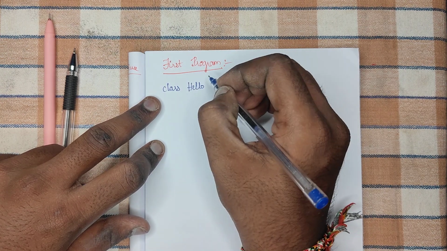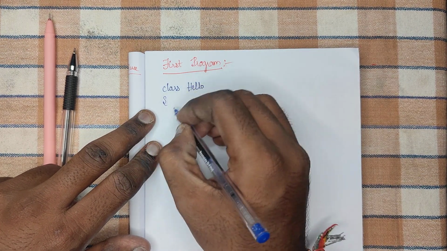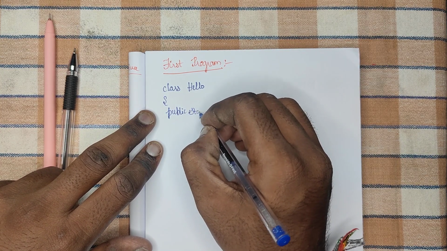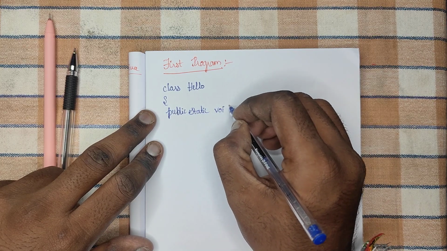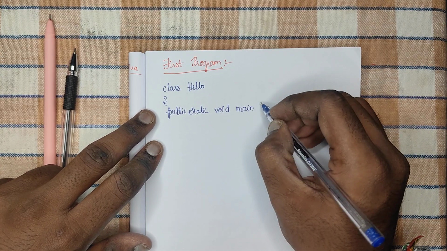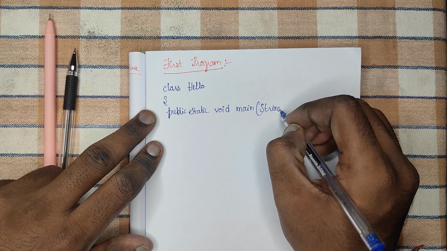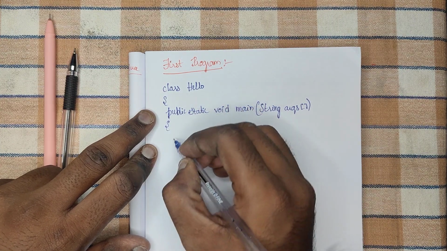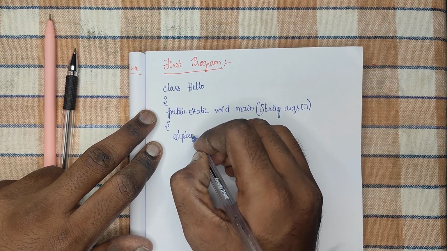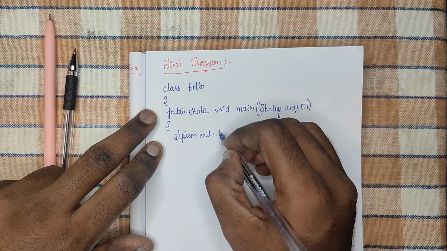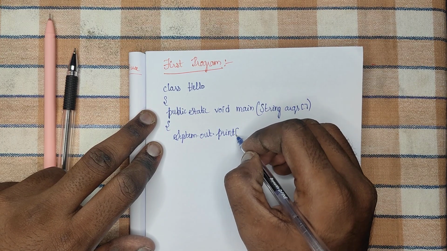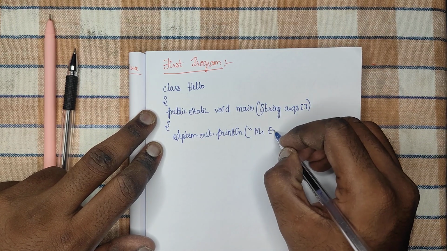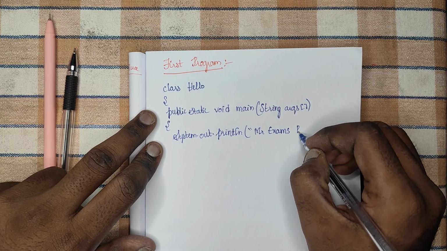Class Hello, public static void main, String args, System.out.println, we can write anything here.